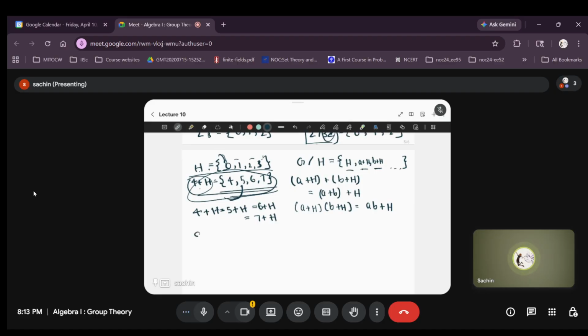Then 8 plus H would be a different one, since 8 does not belong to 4 plus H, does not belong to H. 8 plus H would be a different set. Again, you would get 8, 9, 10, 11, something like this. So if you keep doing it with every group element, these 4, 8 are all elements from G. If you keep doing it, at the end you will cover all the elements in G. They will all belong to at least one of these sets.